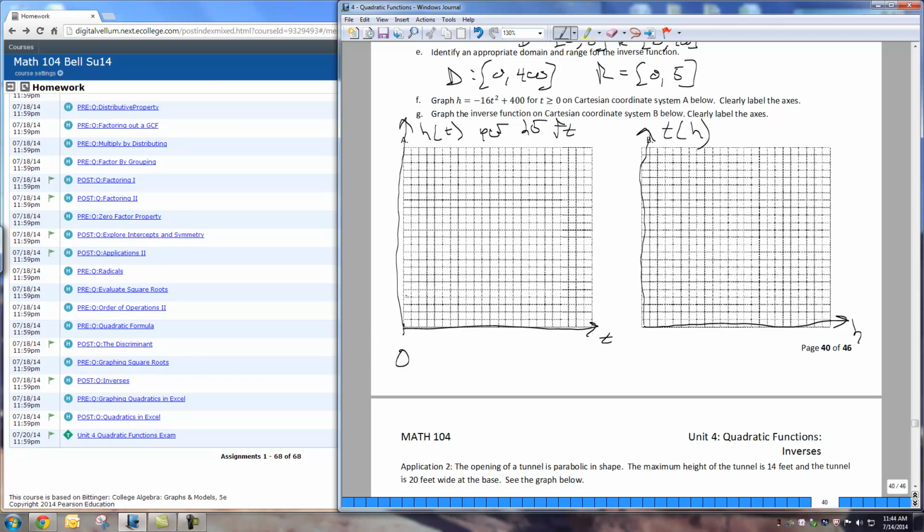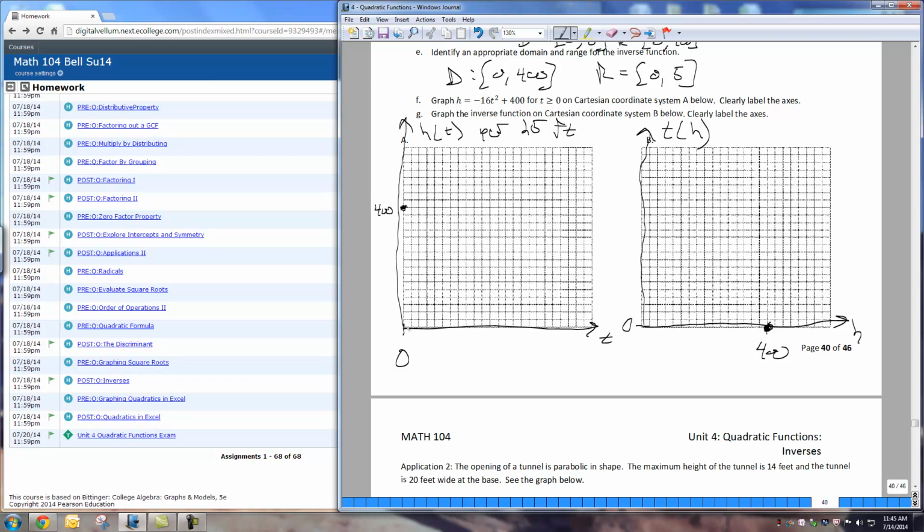So 50, 100, 150, 200, 250, 300, 350. Here's 400 right here. So there's one point on my graph. So now this point that's 0, 400 will also appear over here where h is 400. There's 100, 200, 300, 400 is right here. 0. So that point will now get reflected down to the x-axis and become this point.